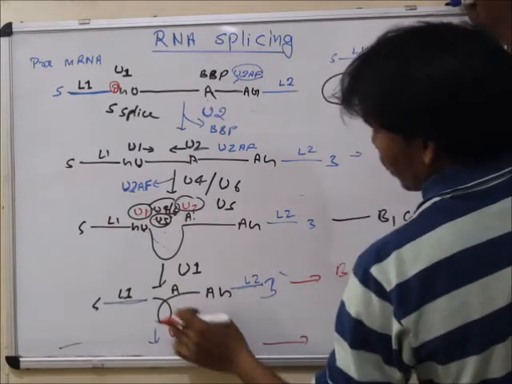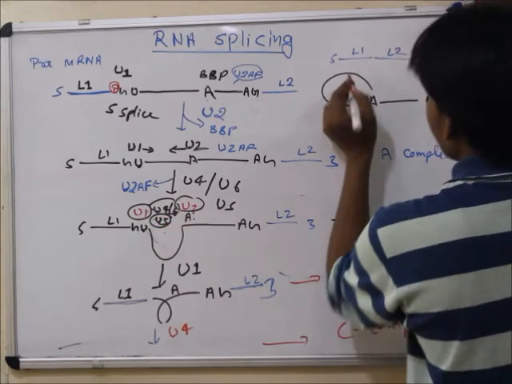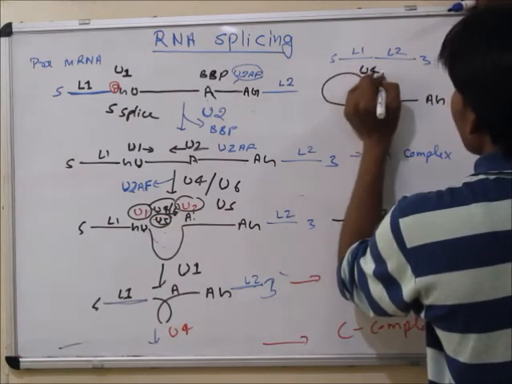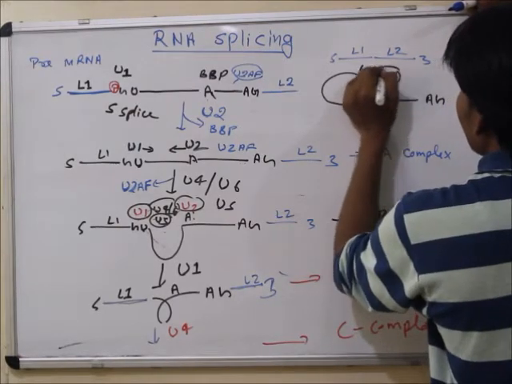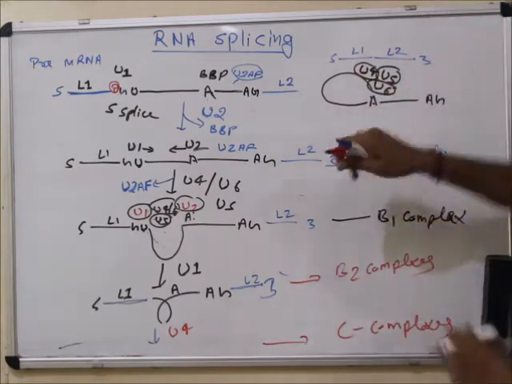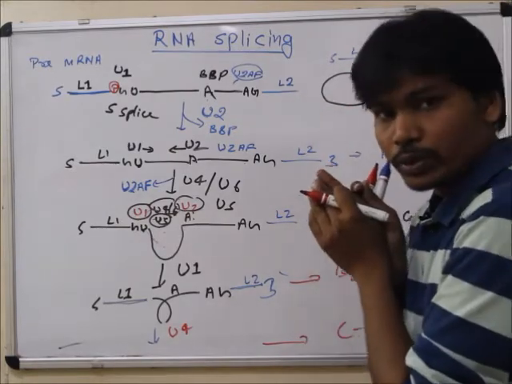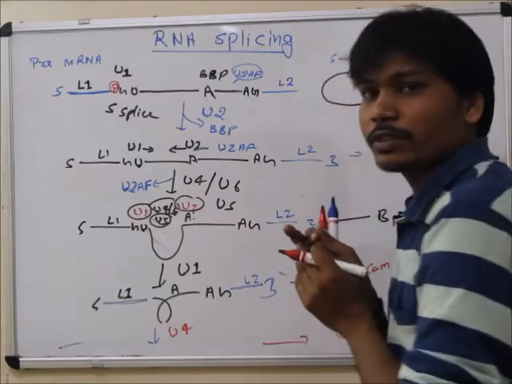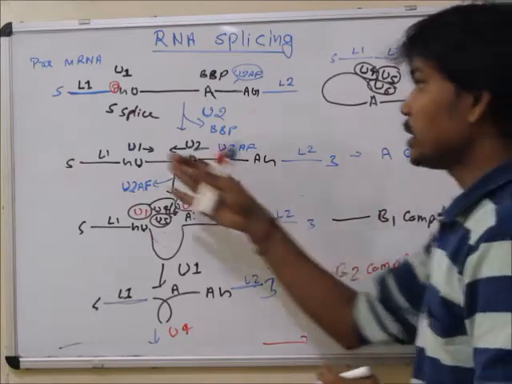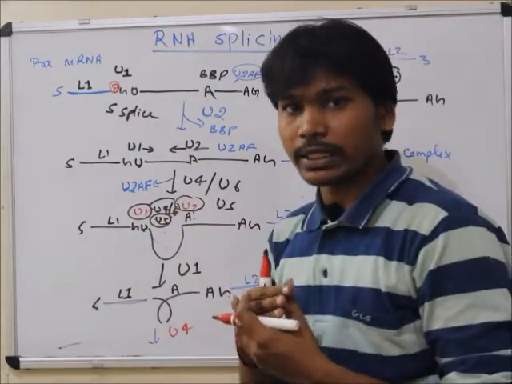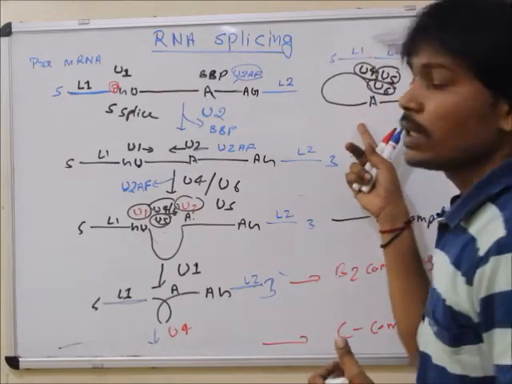After removal, U4, U5 and U6 remain with the intron, and this intron is removed and goes to degradation, but the exons remain for formation of proteins and further processing. These ribonucleoproteins are recycled and do not degrade, but the introns become degraded.